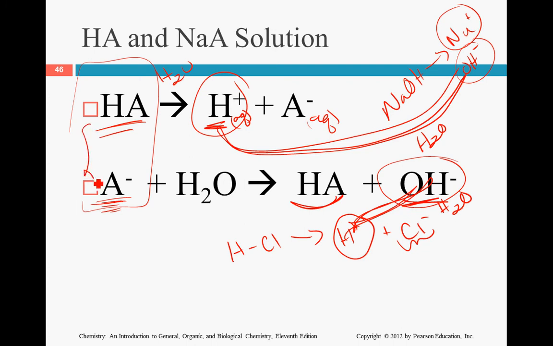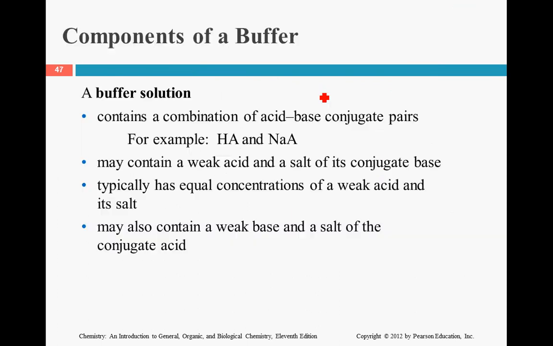These have to be weak. If they're not weak, it's going to overpower it too much. However, if you have a weak one in there, it has just enough to neutralize it. So a buffer solution contains a weak acid and a salt of its conjugate base. Salt just means that it has some kind of ionic compound that contains that weak acid without the hydrogen.